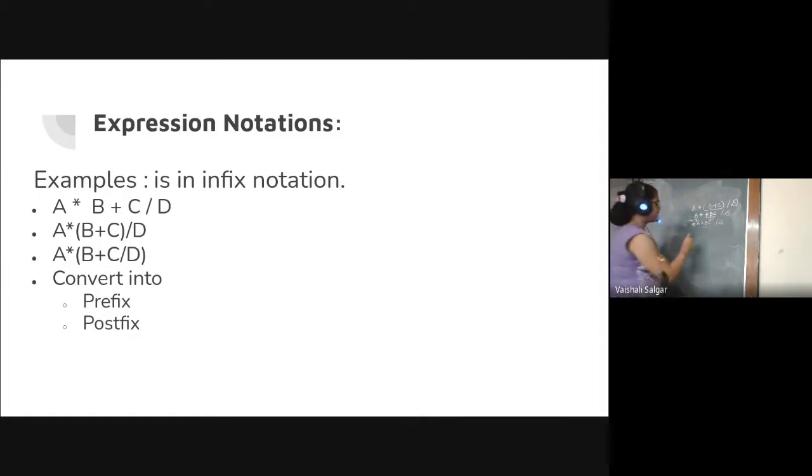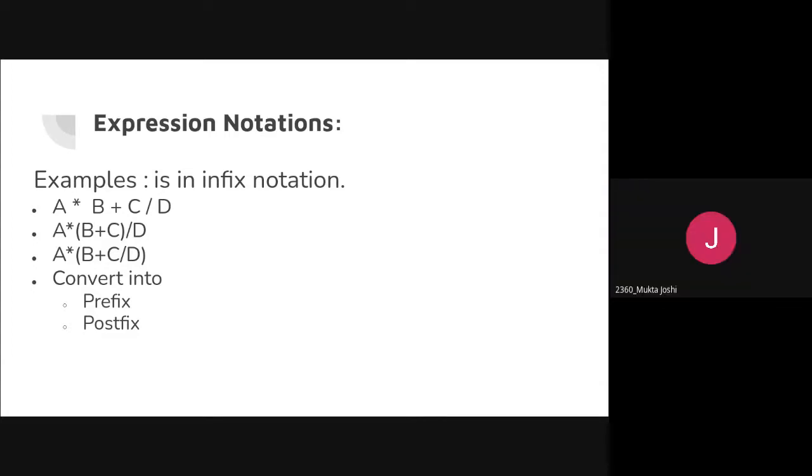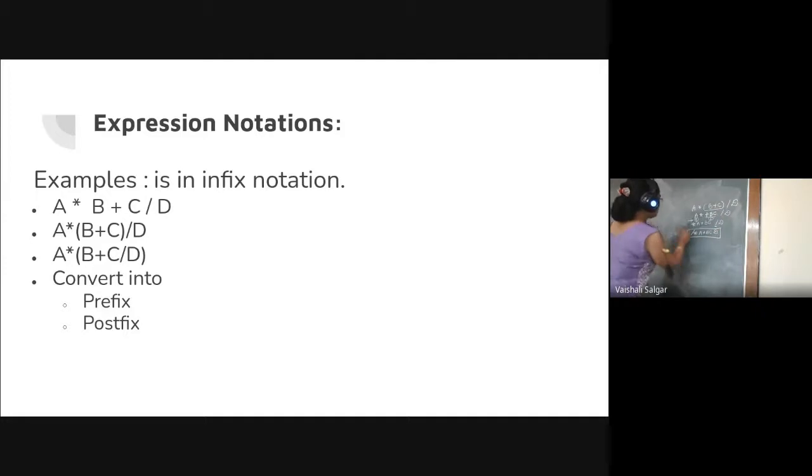What will be the next thing? This is my operator. So division, then multiplication, A, plus B, C, D. Am I right? Yes or no? All of you agree. So this will be my prefix format of this particular equation.